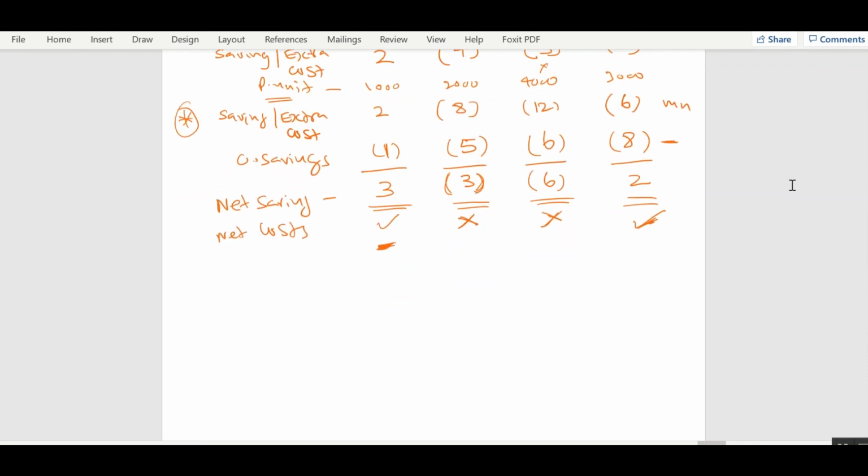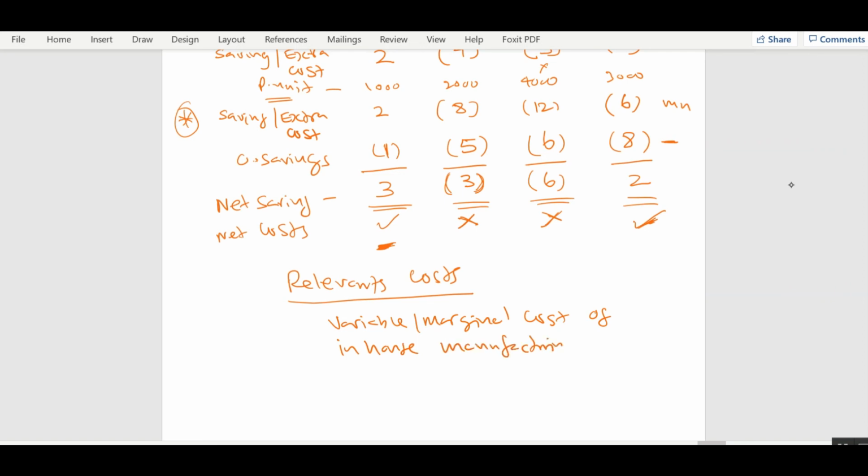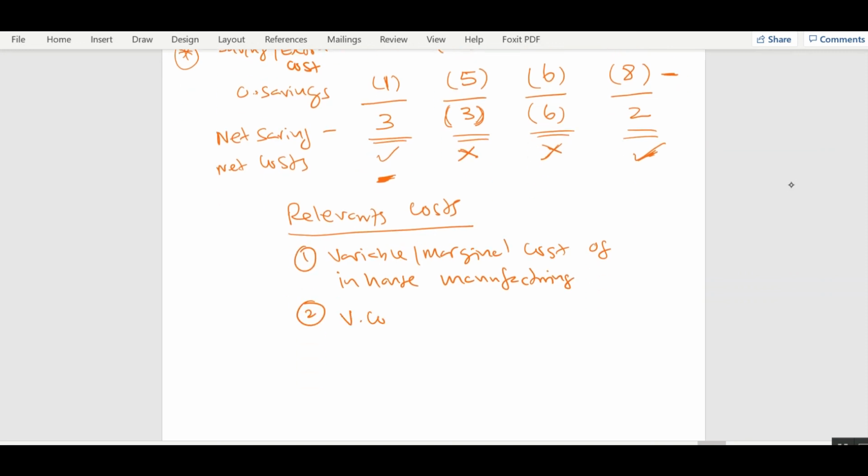In this particular question, the relevant costs that we considered are, first, the variable cost or the marginal cost of in-house manufacturing. Second, the variable cost of subcontracted units.